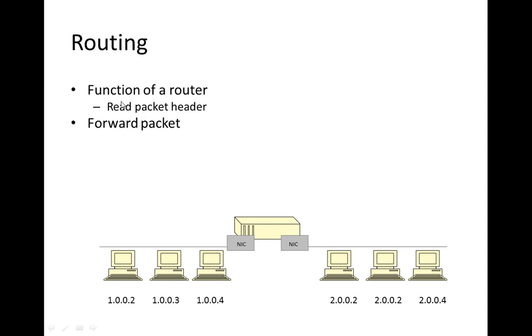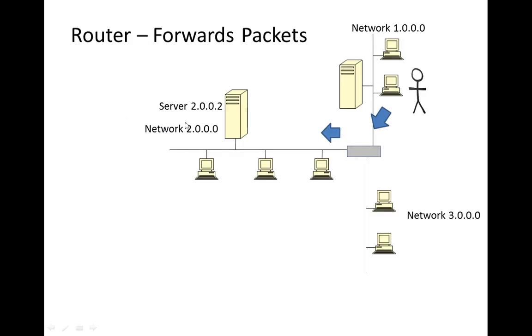A router reads the packet header and then forwards the packet to the network which has the same network ID as the packet header. If this user was going to send a packet to server 2.0.0.2, when the packet hits the router, the router is not going to forward the packet down to network 3.